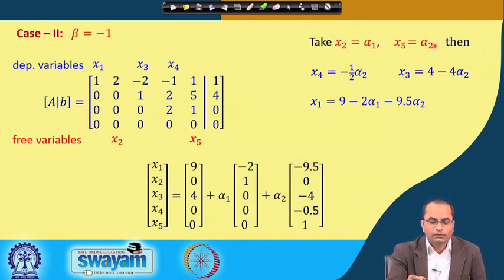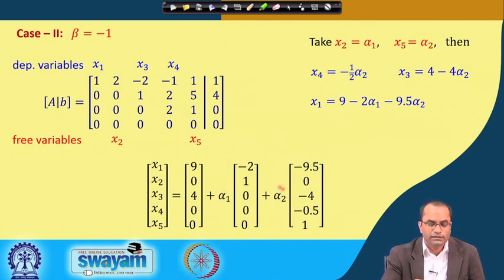So, we can now write x1, x2, x3, x4 and x5 in this particular form, where we have the first vector free from the free variables, then the vector with alpha 1, the one free variable, and again the vector with the other free variable coming up.